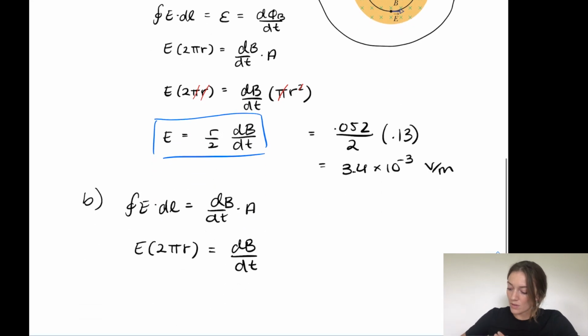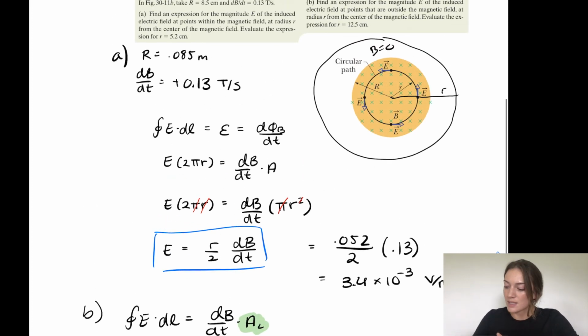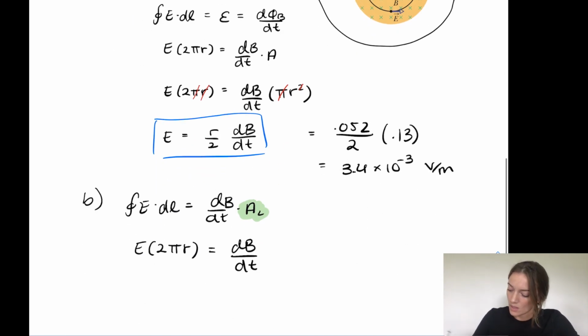So even though we really want to multiply by the area of the loop for the flux, since the magnetic field is 0 in part of it, we're going to only multiply by the area of this circle here, which is pi capital R squared, since that's the region with the non-zero magnetic field.